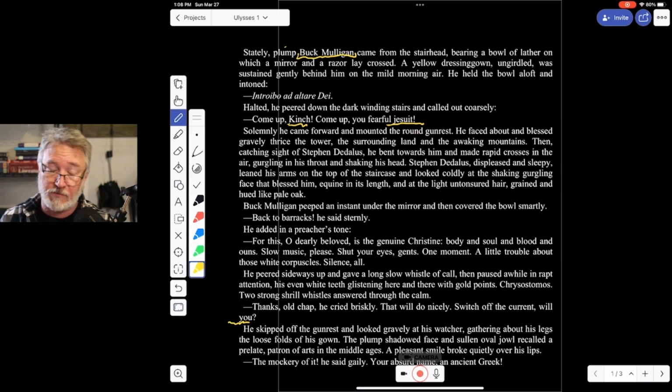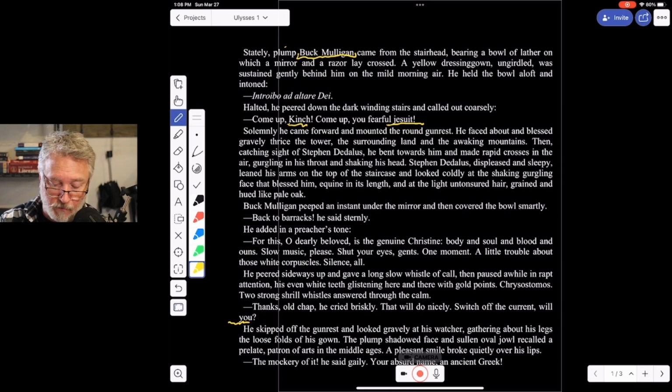These are themes that will show up throughout Ulysses, but it's not important to your first reading to catch everything and to be intimately familiar with the Catholic Mass process and how this is making fun of that. You can pretty much get that he's mocking this as he goes along.